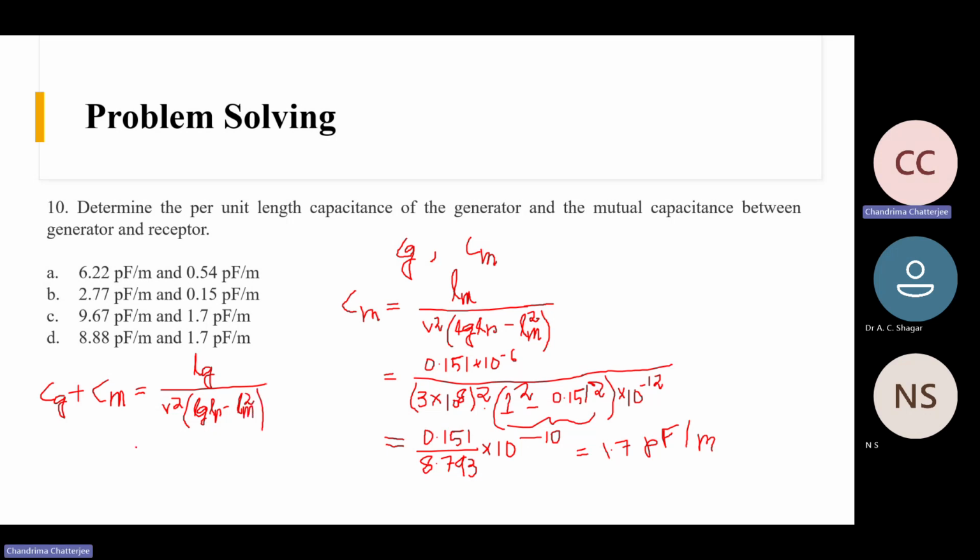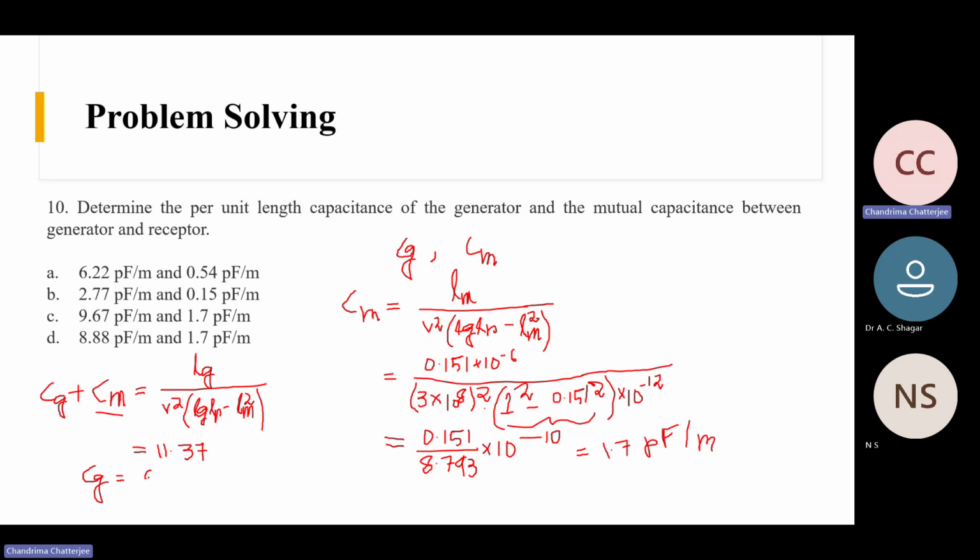Again, all the values we know. This is equal to, I am directly writing the value, you can verify it later, 11.37. This will be in picofarad per meter, and Cm we have already calculated. So Cg will be this minus Cm.